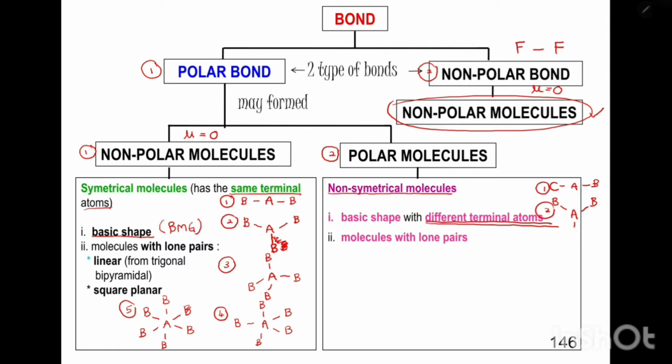Let's say we have one different terminal atom here, and then tetrahedral, C, B, B. And then we have trigonal bipyramidal, and the last one is octahedral.